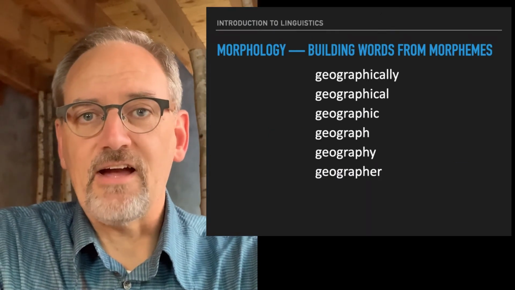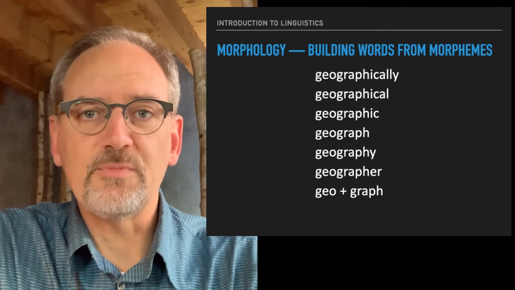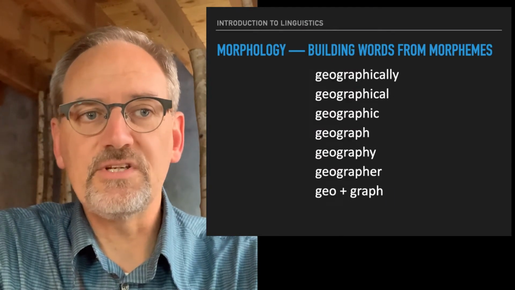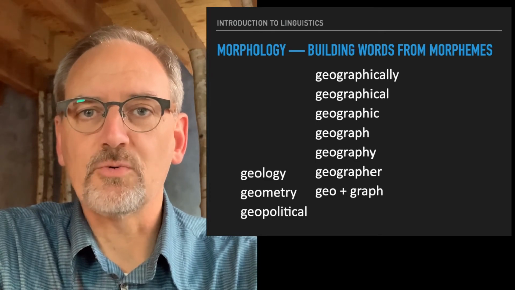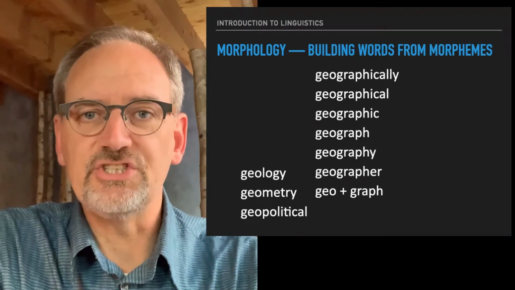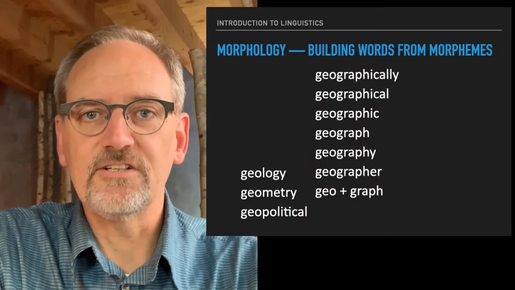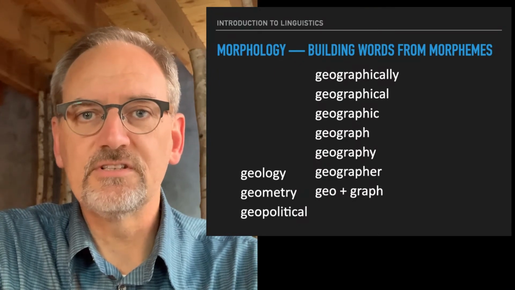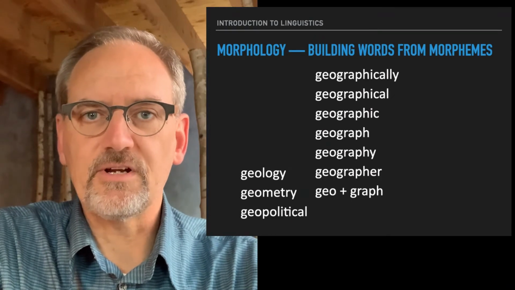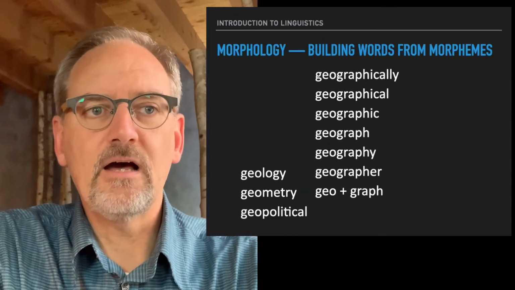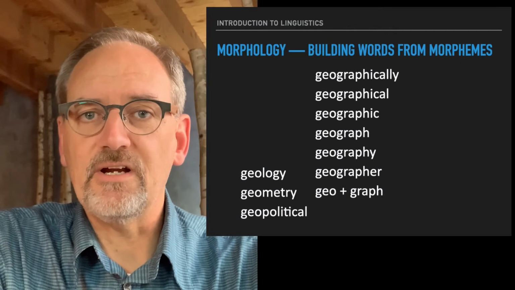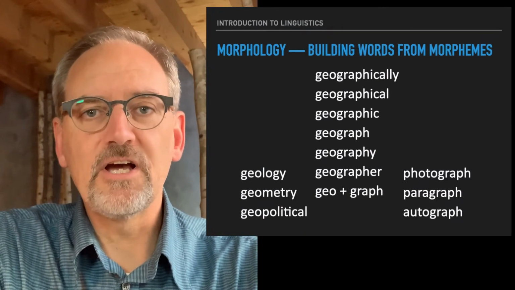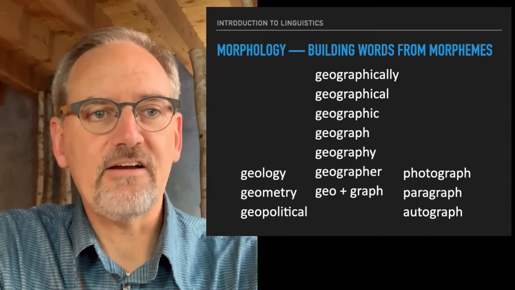Now, geograph itself can be separated into smaller parts, geo and graph. And we see geo appear in other words like geology, geometry, geopolitical. And there's a meaning associated with the geo, something to do with the Earth, right? the planet Earth. We see graph appear as part of other words as well in photograph, paragraph, autograph.